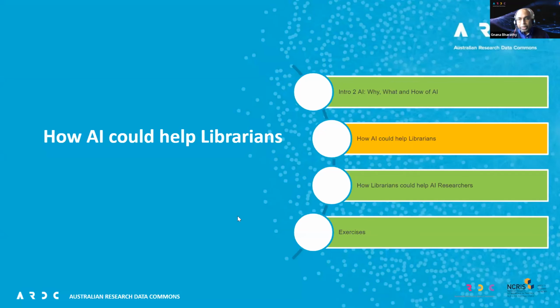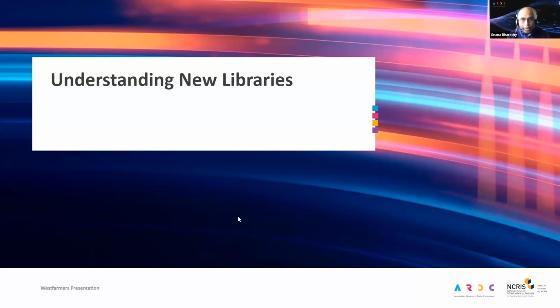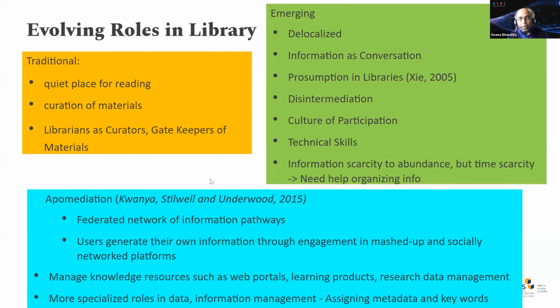And so in this context, how and where could data or the AI and the library interact? One certainly needs to look at what traditional libraries have been versus how they are emerging. Of course, the traditional libraries, or at least in my childhood, what I knew of libraries were about a quiet place for reading, and maybe some curation of materials, and librarians as curators and gatekeepers of this material.